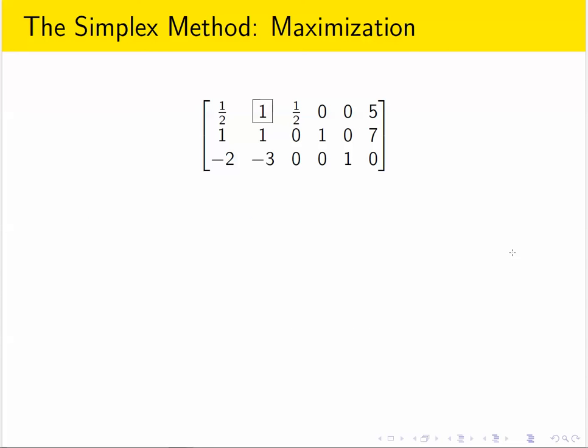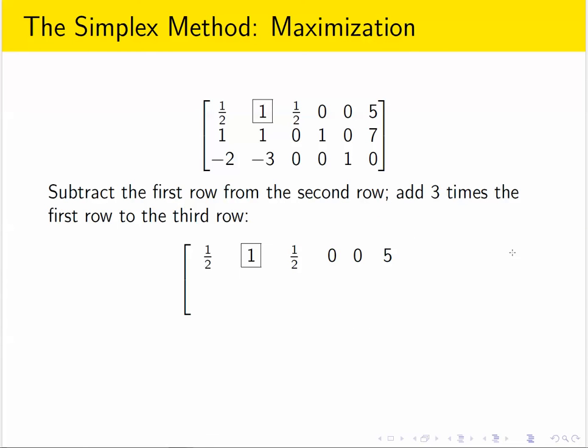So the next thing we're going to want to do is make the other entries in the pivot column into zeros. To make this 1 into a 0, I can just subtract the first row from it. To make this negative 3 into a 0, I can add 3 times the first row, because adding 3 times the pivot to negative 3 will give me the 0 I want. So let's see what happens as we go through those steps.